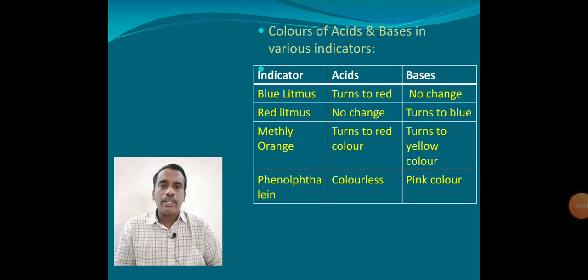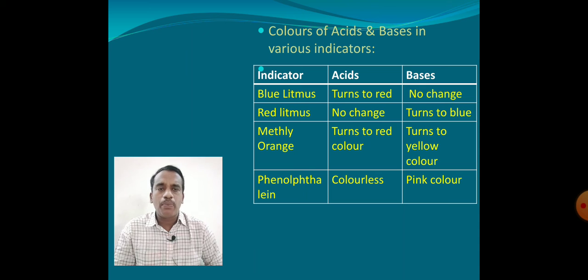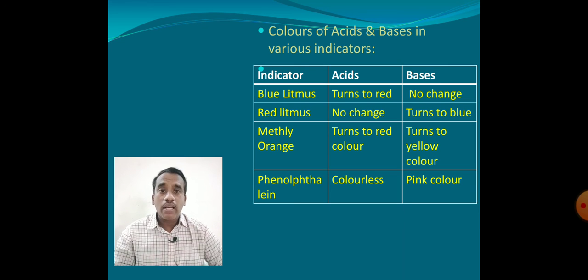Let us continue about the indicators. The indicators that we have learned up to now are all color indicators. But there are some indicators that help us to detect whether a compound is an acid or base by observing its smell.